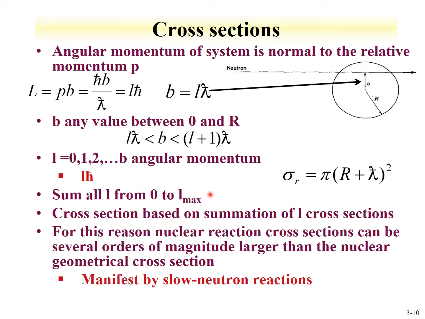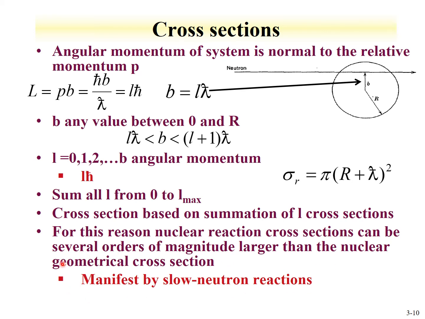We can see that the cross-section is now going to be based upon a summation of the system angular momentum cross-sections related to the impact parameter. And it's for this reason that nuclear reaction cross-sections can be much larger than the nuclear geometric cross-section, so the physical space.